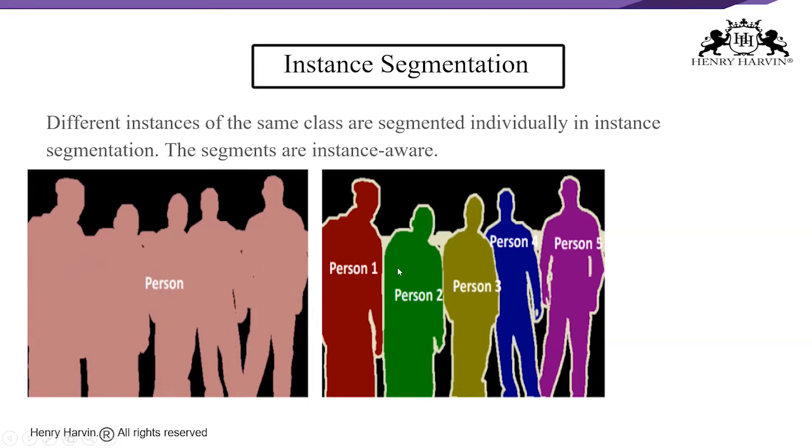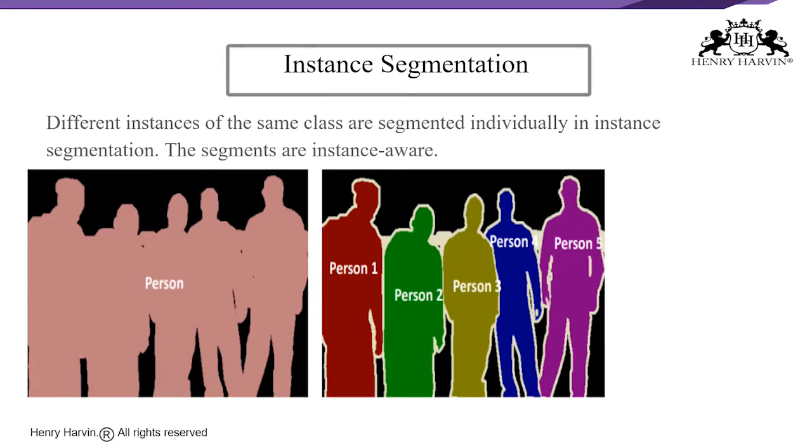So if you look into this, you can see that there are 5 persons. So it's labeling them person 1, person 2, person 3, person 4, and person 5. So the different instances of the same class are segmented individually in instance segmentation. So the segments are instance aware.